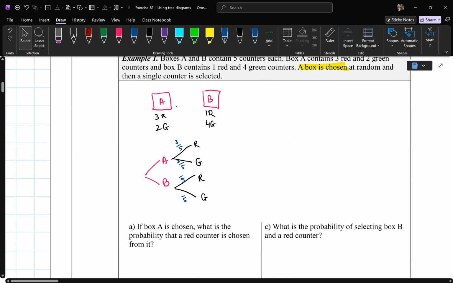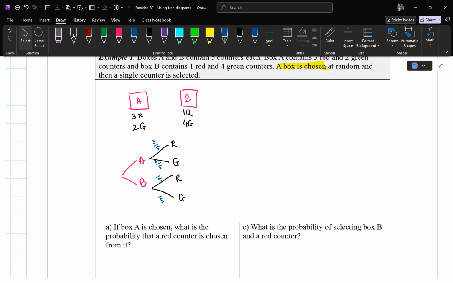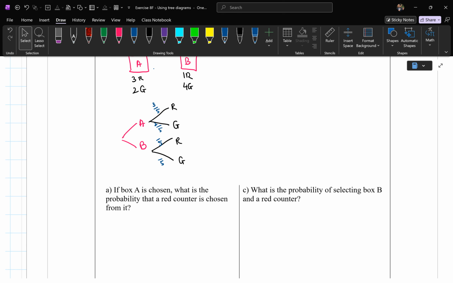And so if we answer the question now, it says, if box A is chosen, what is the probability that a red counter is chosen? Here you've got to be careful. Sometimes the question says, what's the chance of picking box A and then choosing a red counter?